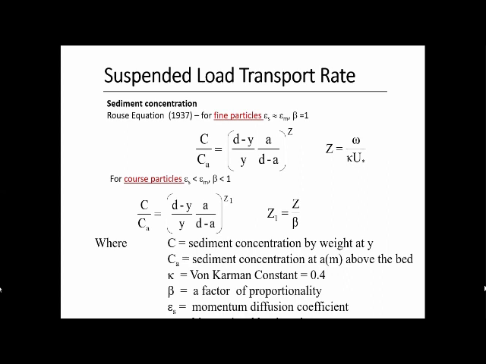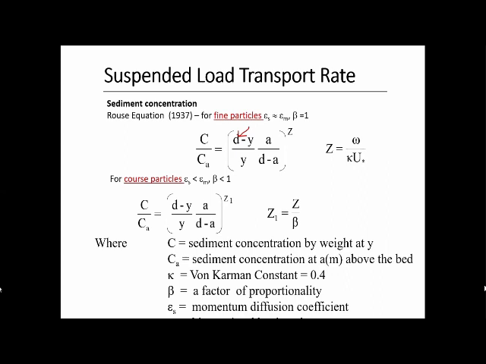D here is the water depth, your river depth, and then y here is, apa ya, the position or depth of your particles tu. So dia pakai y dekat sini.